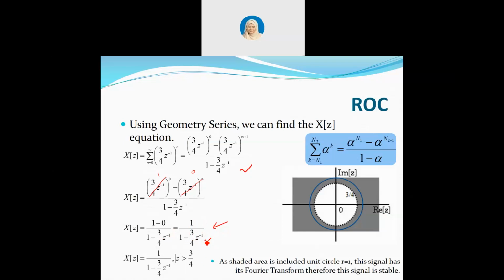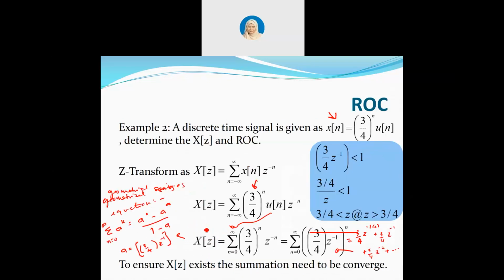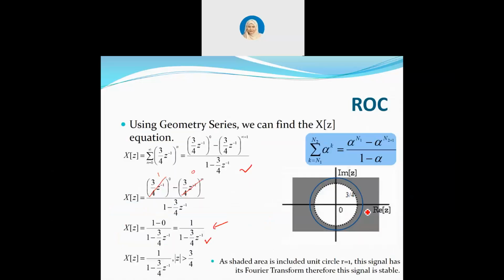And to make it converge, as you know, 3 over 4 z negative 1 must be less than 1. Then you will find that z must be greater than 3 over 4. This is the ROC. The ROC: Z must be greater than 3 over 4.